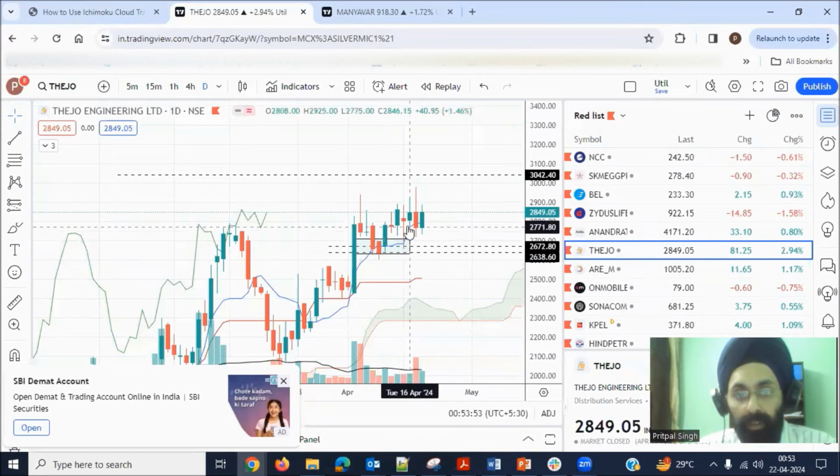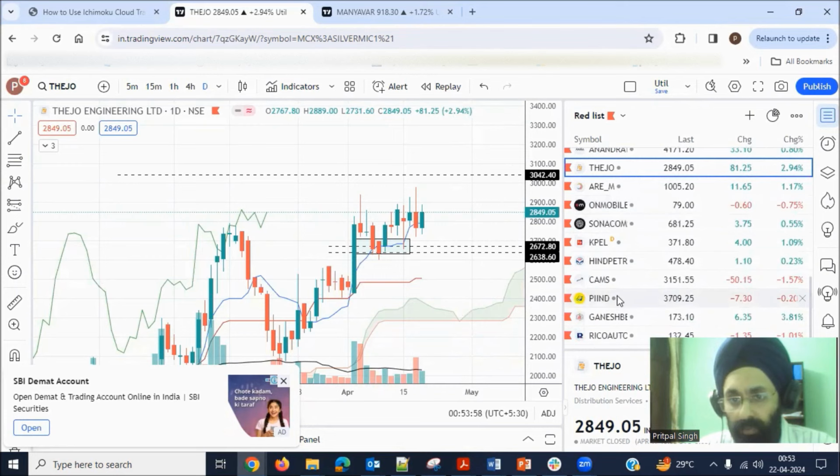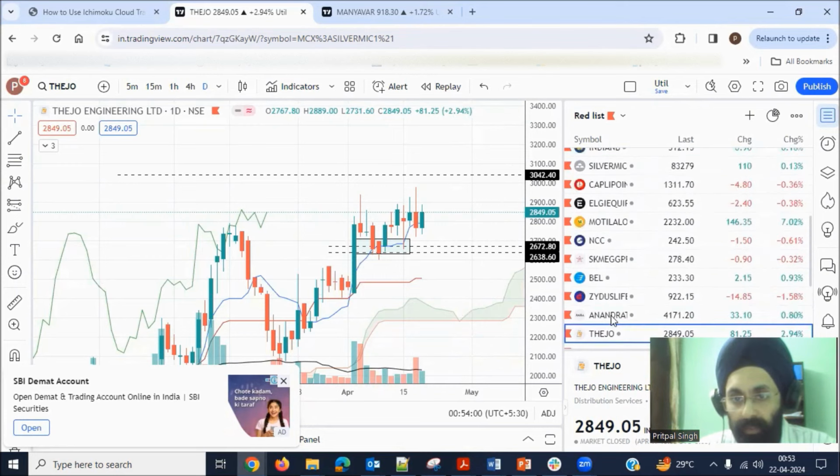After that, the prices started closing above the baseline. Let me search for some other examples along the same lines.